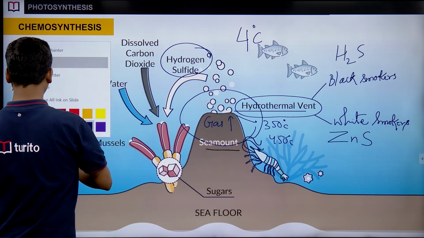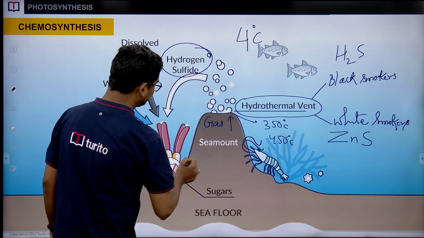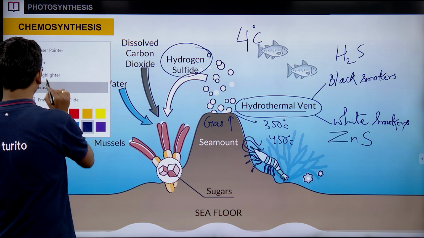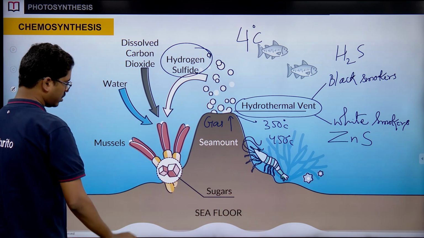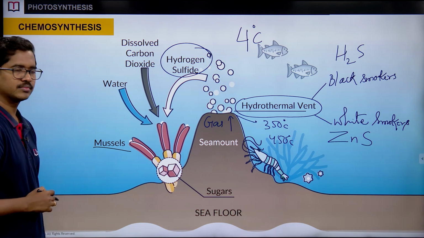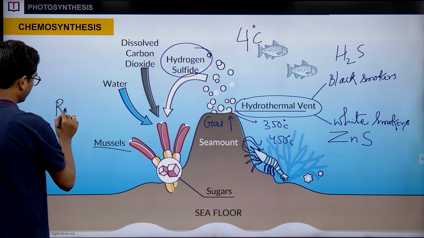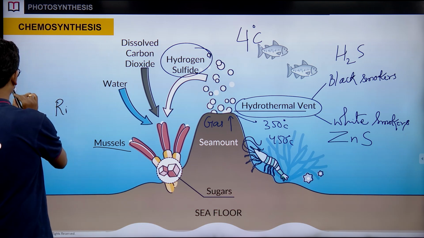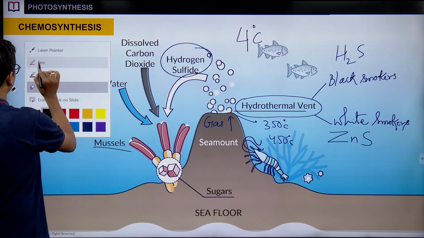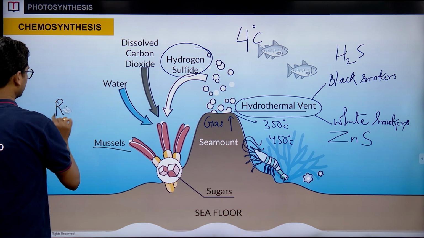Now, the real thing you are supposed to understand is that there are so many organisms living here, and one such organism is the mussel. Let me name it, by the way. The name of it is, just a moment, I forgot. Yeah, I got it.